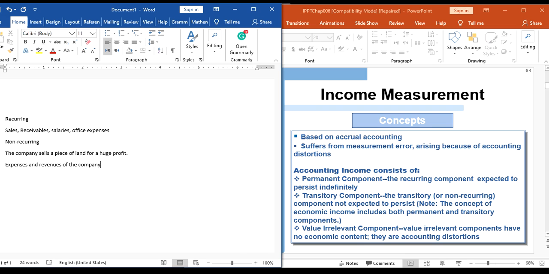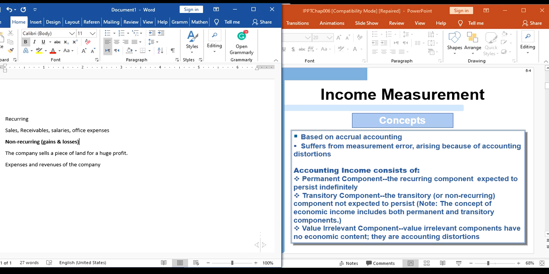Okay, whenever we talk about non-recurring activity, any gain from this non-recurring activity is called a gain, and any expense from these non-recurring activities is called a loss.